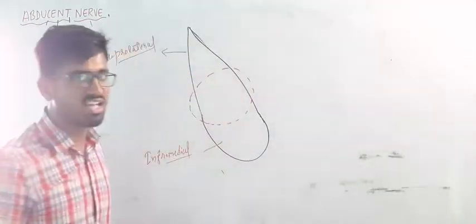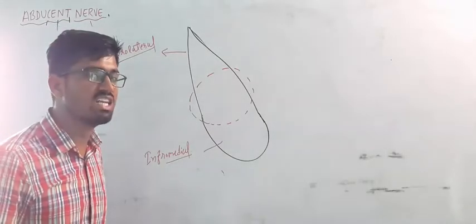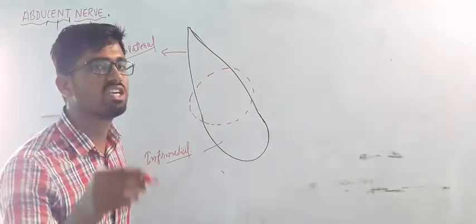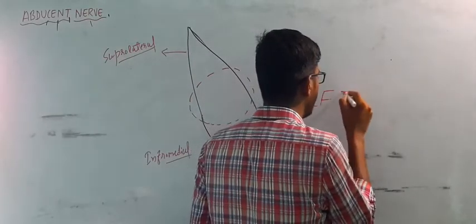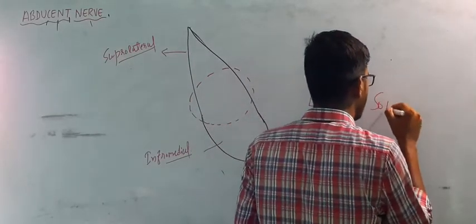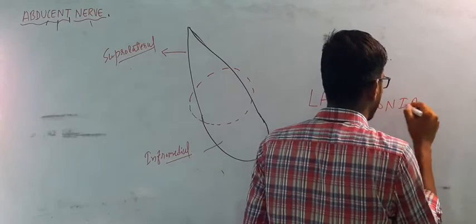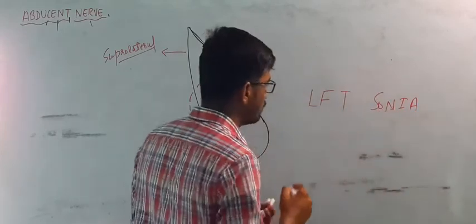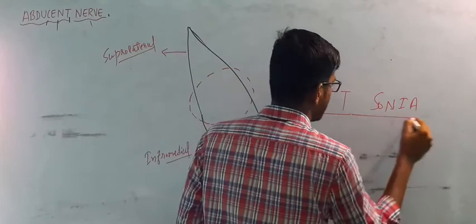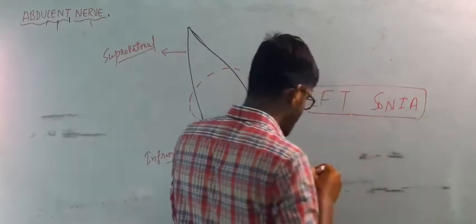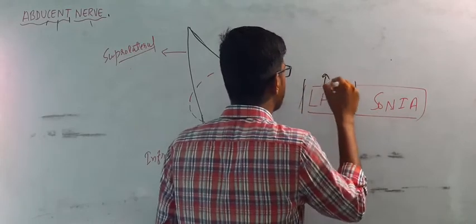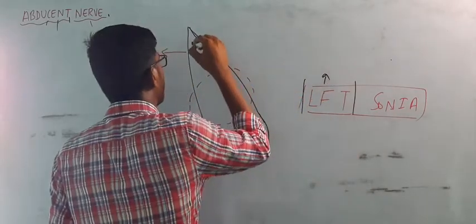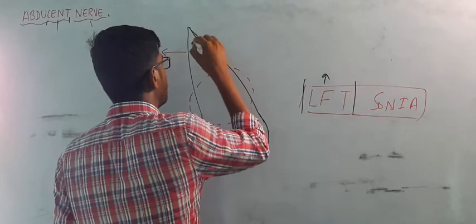LFT, Sonia Gandhi. In Sonia Gandhi, we are going to do one test, and that is called LFT, liver function test. So here, LFT in the Sonia, right? These things, LFT, are here.